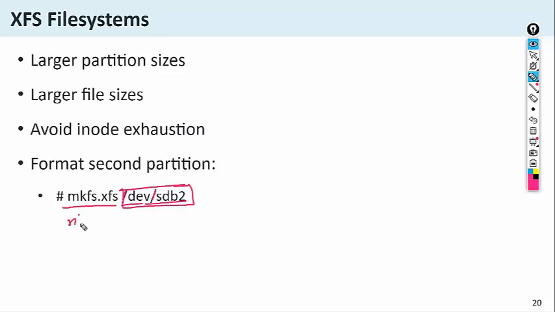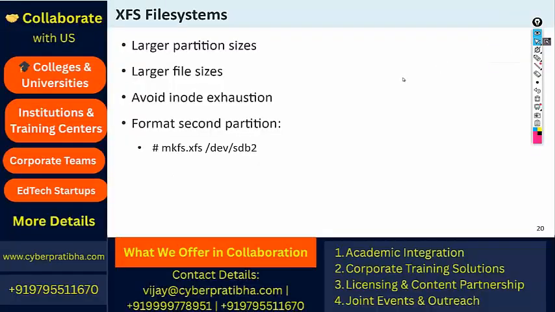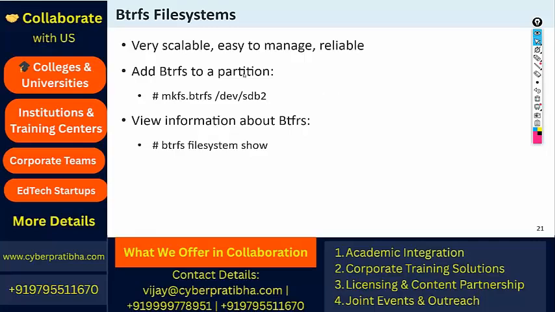The other is mkfs only, where you define -t equal to xfs and then give the drive name, /dev/sdb2. These are used for creating the partition and making the xfs file system.